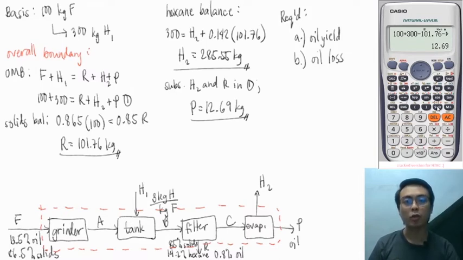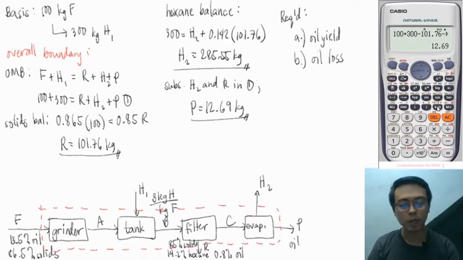So an overall boundary is sufficient. That's why in many cases of these types of problems, it's almost always beneficial to pursue the overall boundary first before you go to individual units.